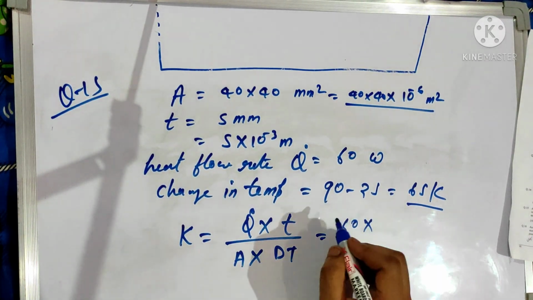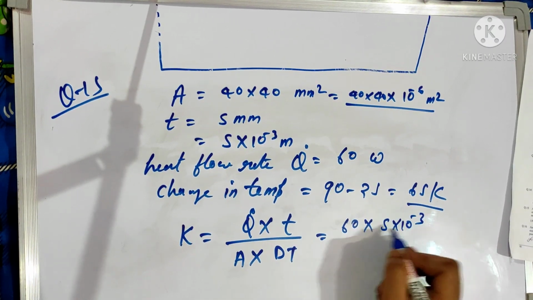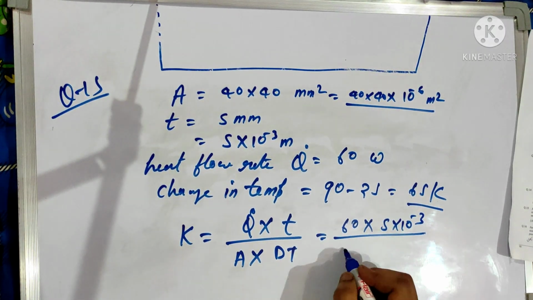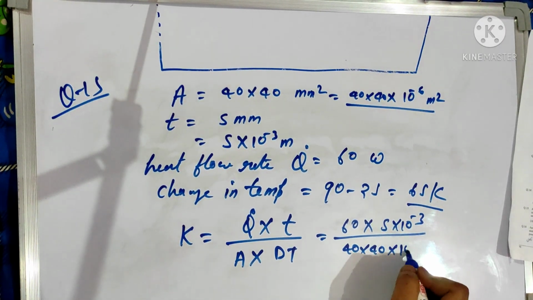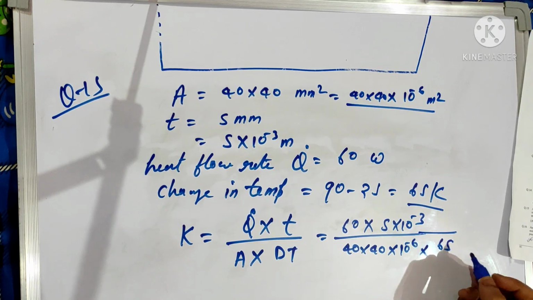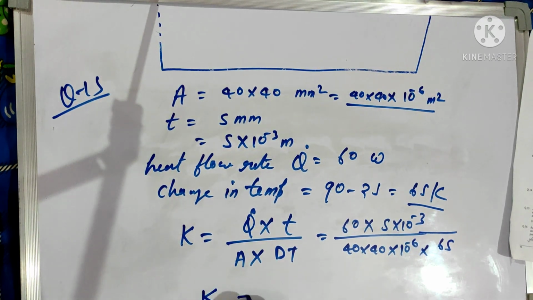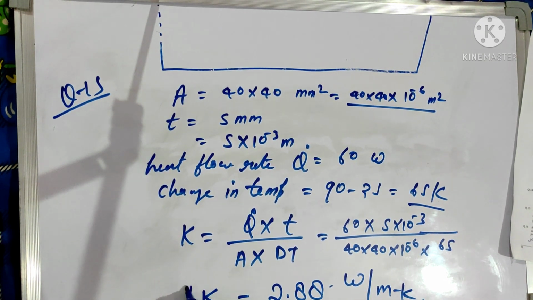Thickness of polymer sample given by 5 into 10 power minus 3 meter divided by cross sectional area 40 into 40 into 10 power minus 6 into change in temperature 65 Kelvin. Then thermal conductivity is equal to 2.88 watt per meter Kelvin.